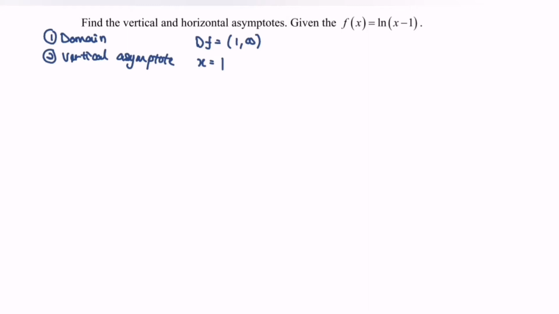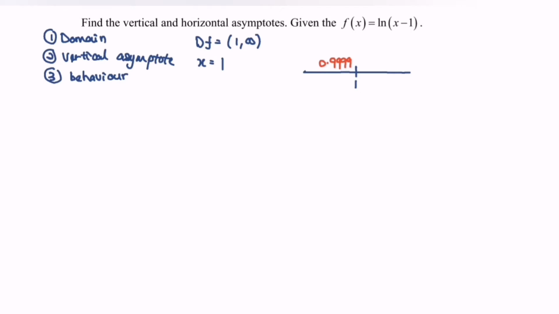Step number 3. We are going to observe the behavior. So before we start the discussion, kindly illustrate the situation in a number line. So now let's denote 1 on the number line, and for the left hand side, the value would be 0.9999.